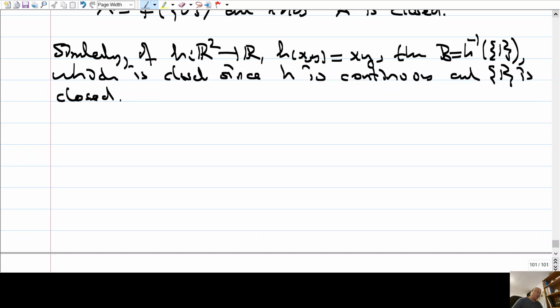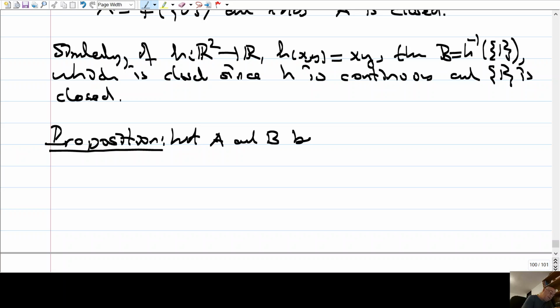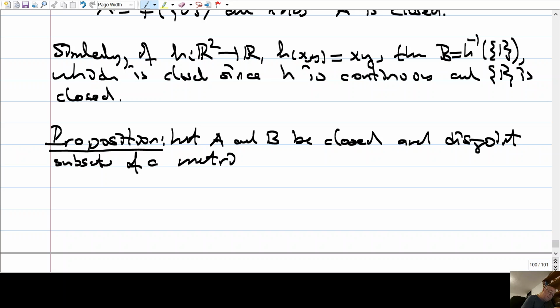Let me first write this as a proposition, what we have proved. Let A and B be closed and disjoint subsets of a metric space (X, d).